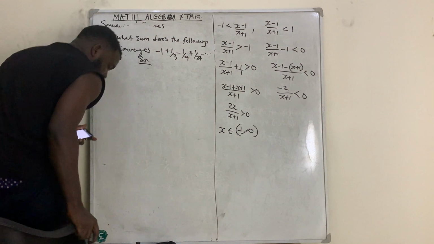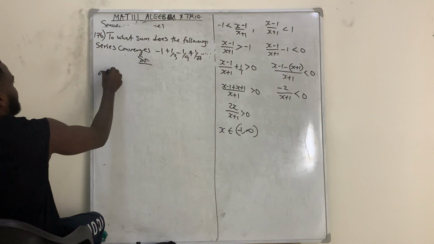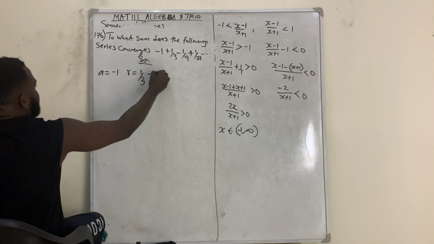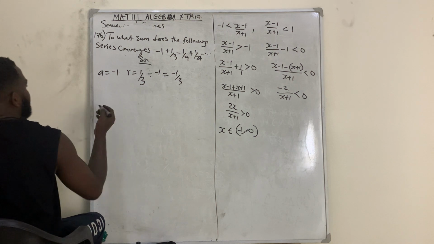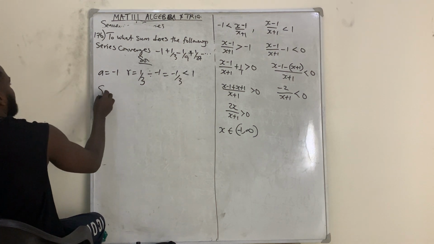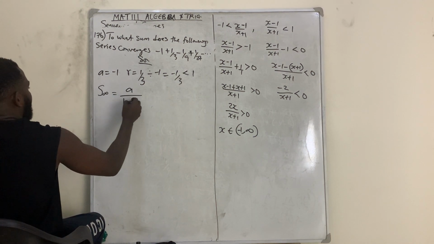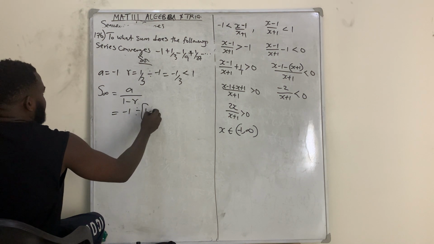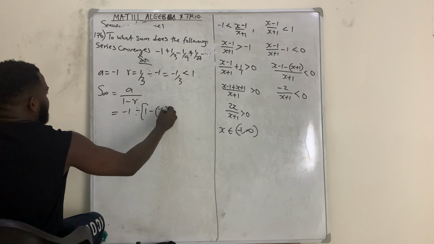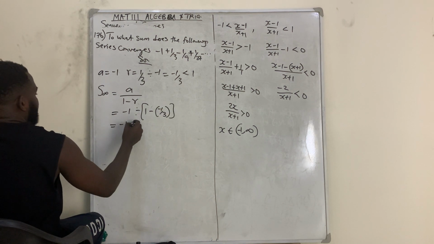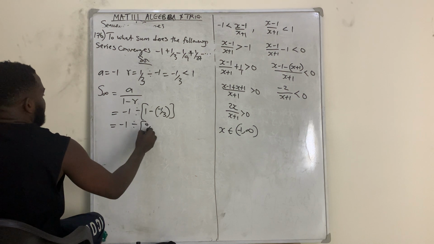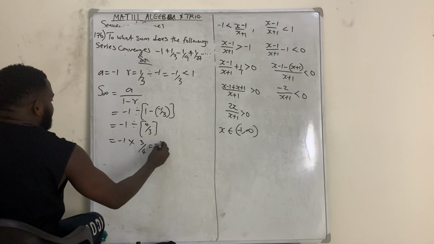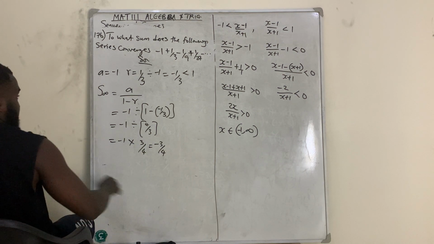Solution. The same thing is applied. The first term is equal to minus 1, and the common ratio is the second term divided by the first term, which is minus 1 over 3. Okay, and this is less than 1. So the sum to infinity is A over 1 minus r, which is minus 1 divided by 1 minus of minus 1 over 3. So I'm going to have minus 1 divided by 4 over 3, which is minus 1 times 3 over 4, which is minus 3 over 4. So that is the answer to that.